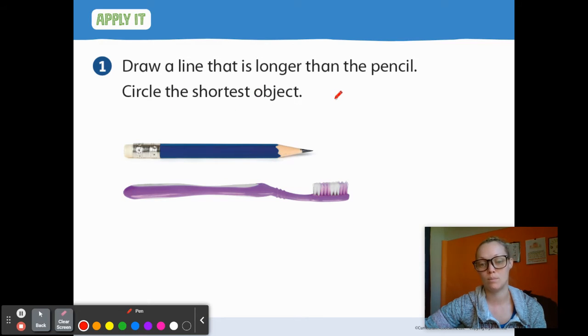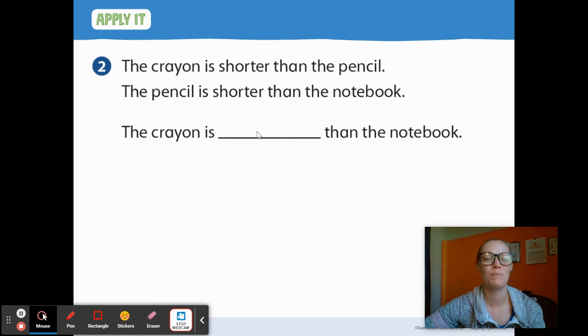Circle the shortest object. If the blue pencil is the shortest of these two, and I have to draw a line that's longer than the blue pencil, no matter what, that blue pencil is still going to stay the shortest. Here's my clue to you.